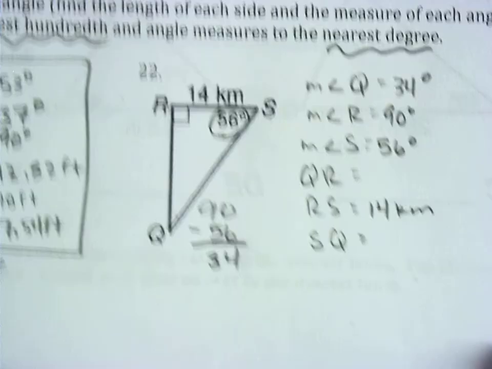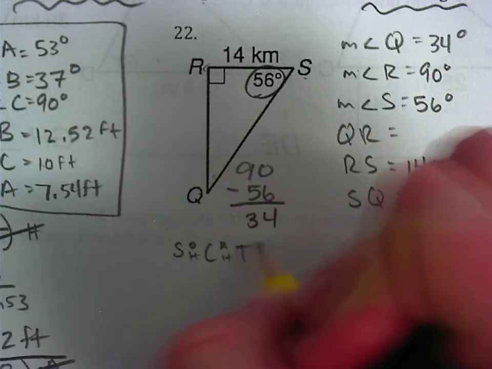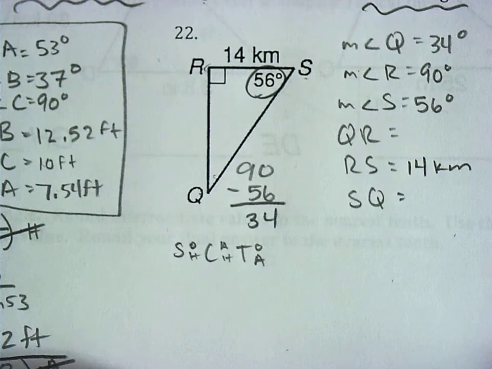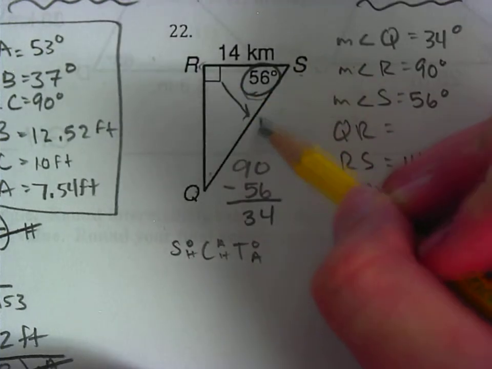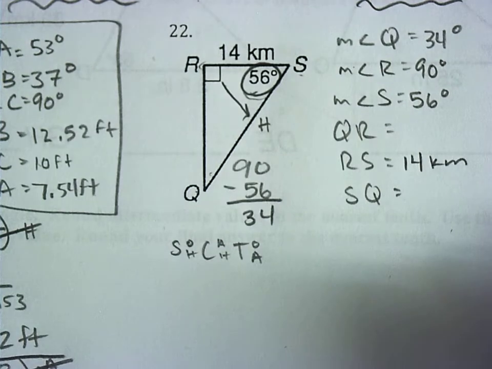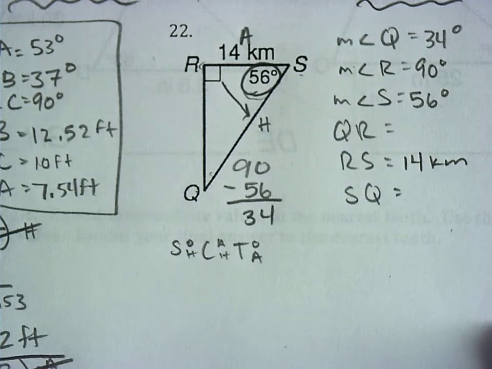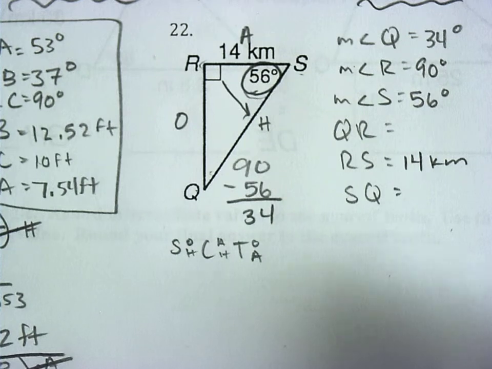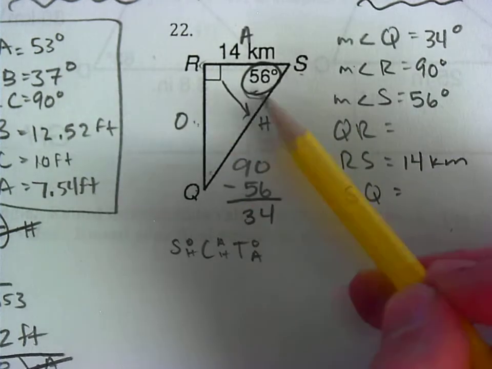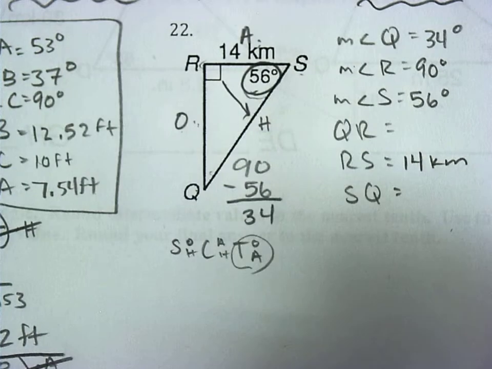Now we're going to do our trig work with SOHCAHTOA. Remember, we're only using what they gave us. So here's our angle, 56. Here's the hypotenuse. We'll call it the variable h. Next to the angle is adjacent, or A. And then across from the angle is opposite, or we'll call it the variable O. So if I want to find O, I'm doing opposite, and they gave me adjacent, so I'm going to use TOA.